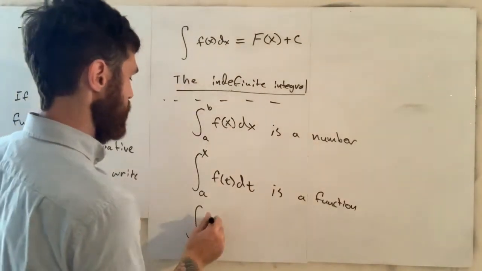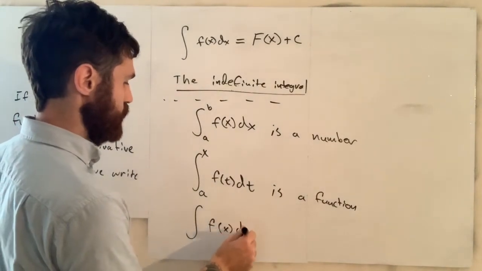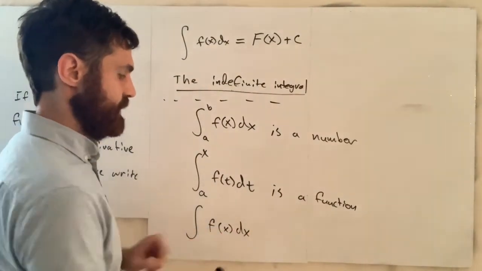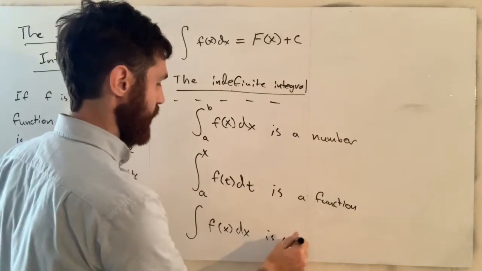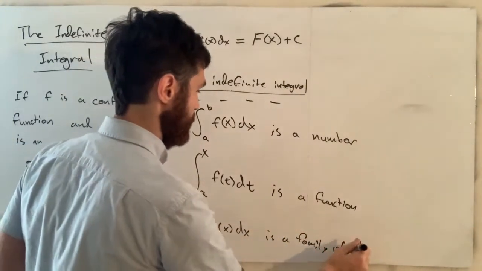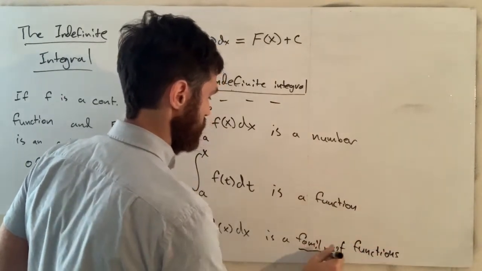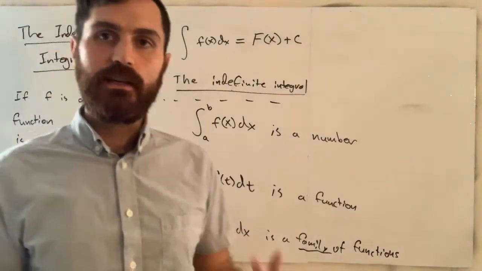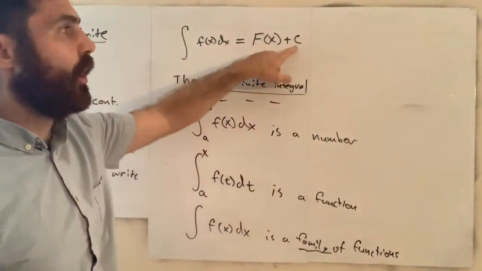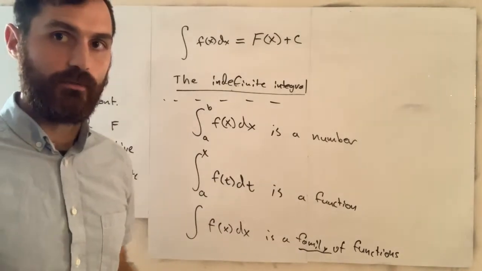And if we don't have anything on these things, and we use this notation, this thing here is a family of functions. So remember, we talked about that idea of a family of functions. They all just differ by a c. So this stands for all of the antiderivatives.